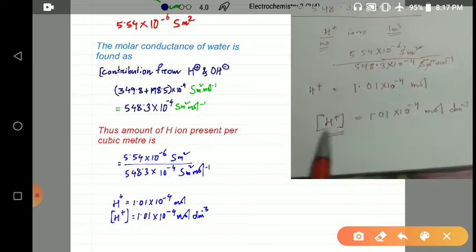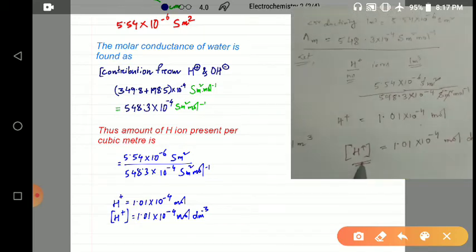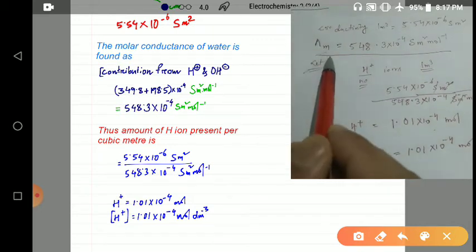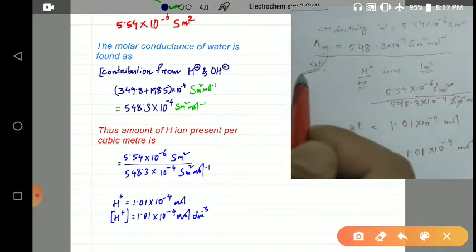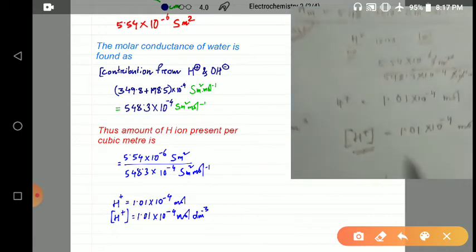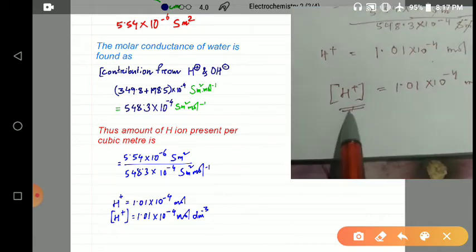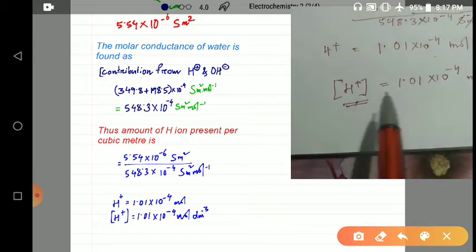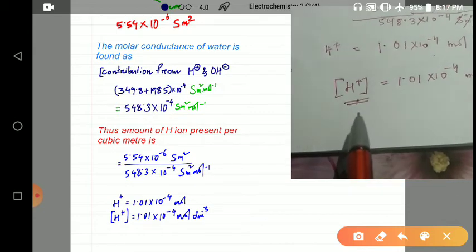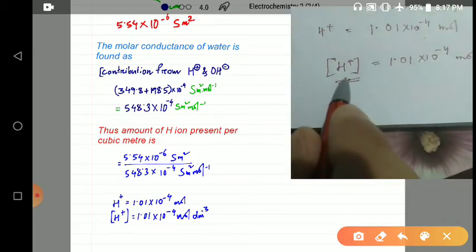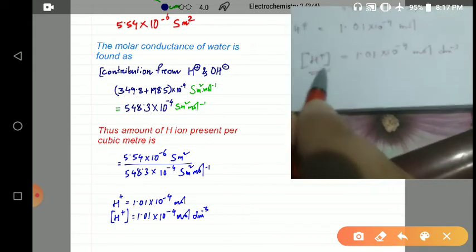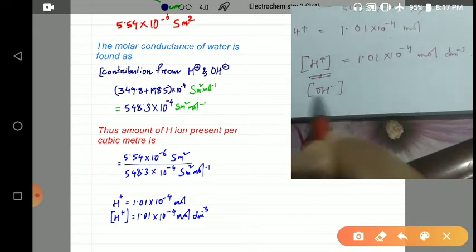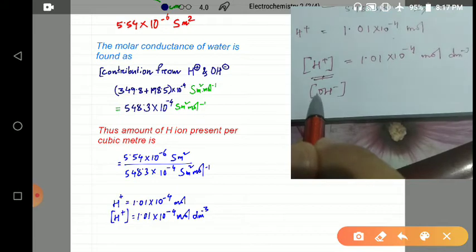So that means we are able to calculate H positive ion concentration from the conductivity data, that is, from conductance measurements. Once we can calculate the concentration of H positive ion, we can also calculate the OH negative ion concentration, because the H positive ion concentration is equal to the OH negative ion concentration.